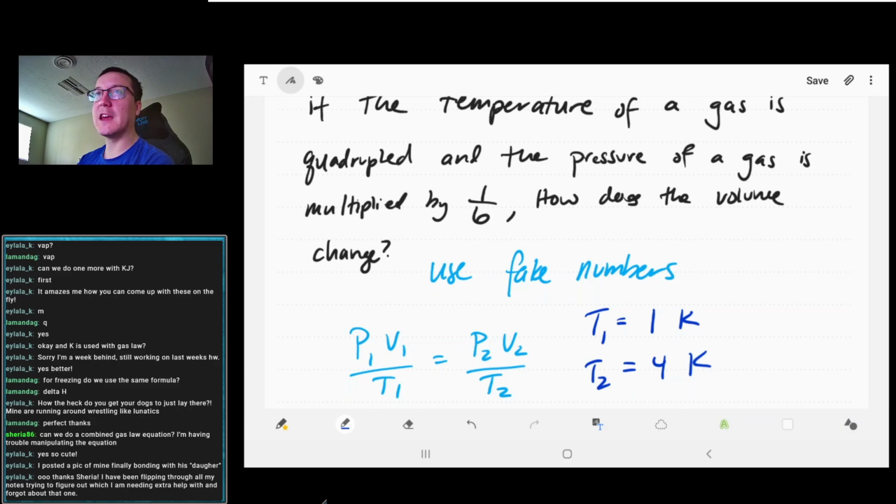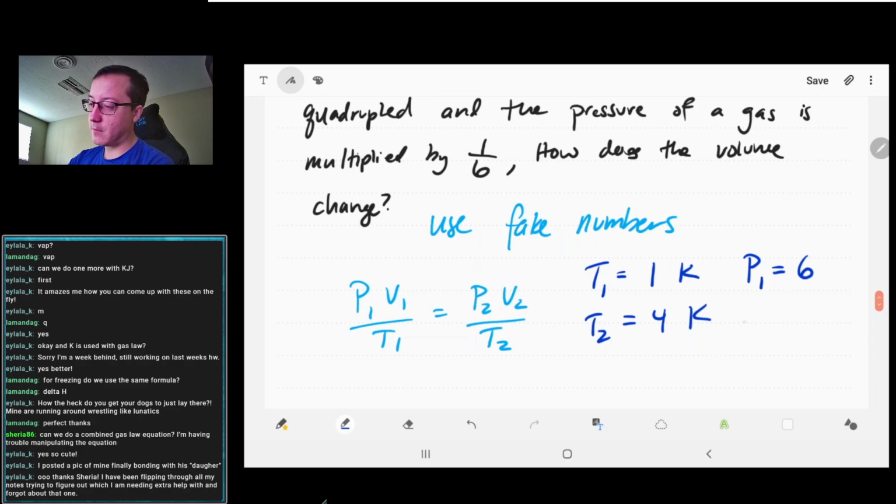The pressure of the gas is multiplied by 1/6. So we could say the pressure is going to be multiplied by 1/6. Let's give them atmospheres. Whatever units we want, doesn't matter here. And so we're looking for the volume change.